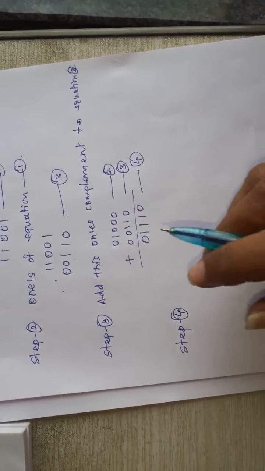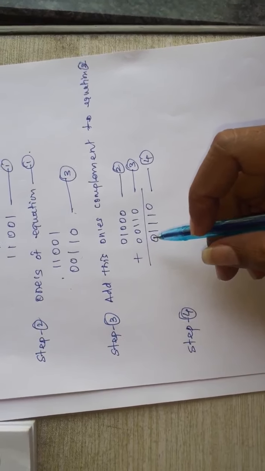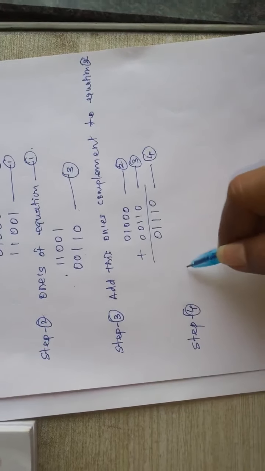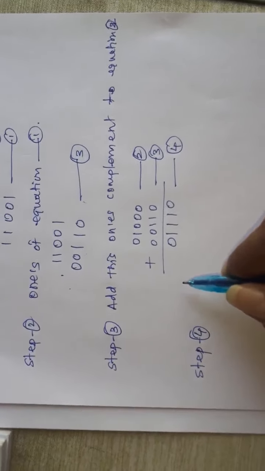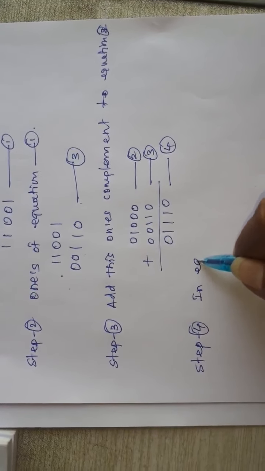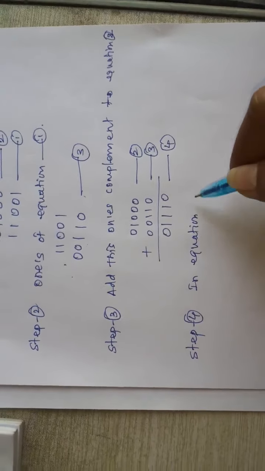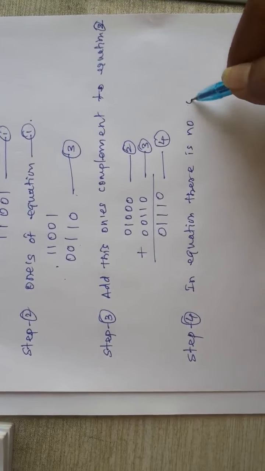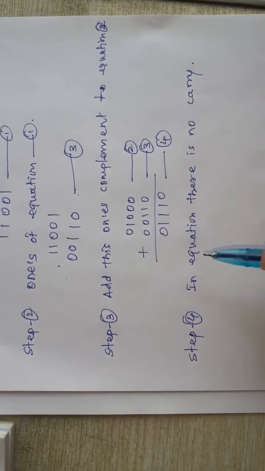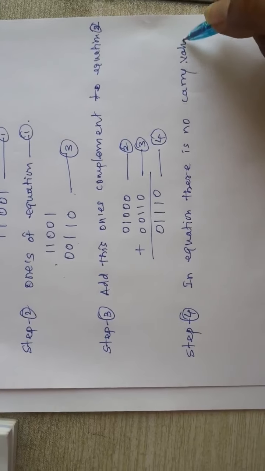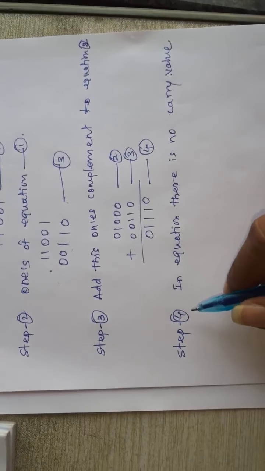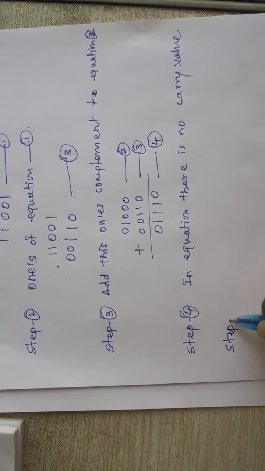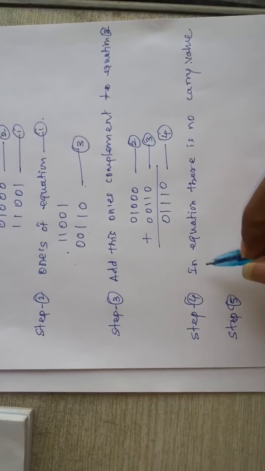What is step 4? Step 4 is to check whether the carry value is there. In equation 4, there is no carry value. So what is step 5?